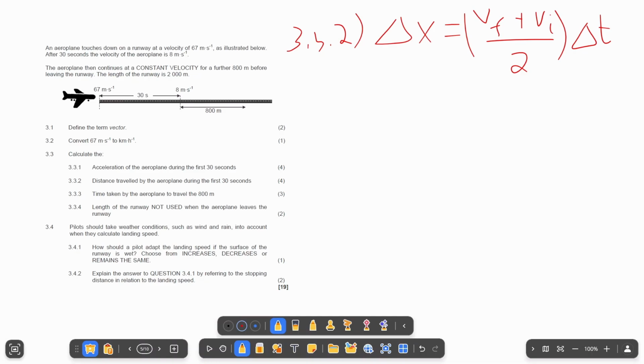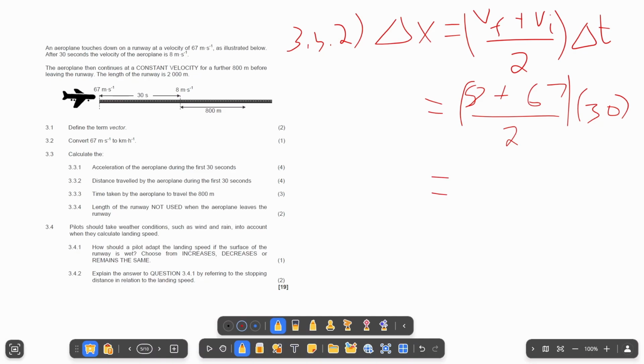Right? Now this one, the distance traveled, which is the change in x, in this case, is equals to the final, which is 8, plus the initial, which is 67, all divided by 2. Everything here, we're going to multiply it by 30, which is the time.